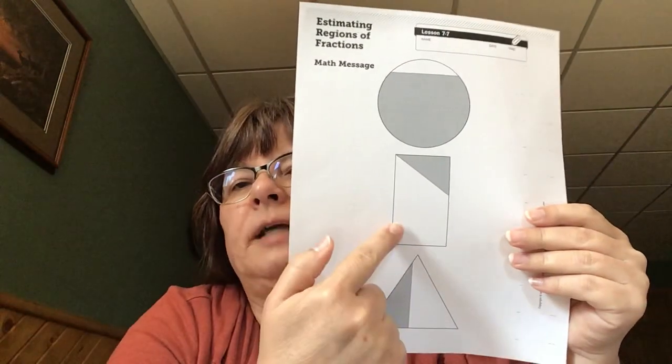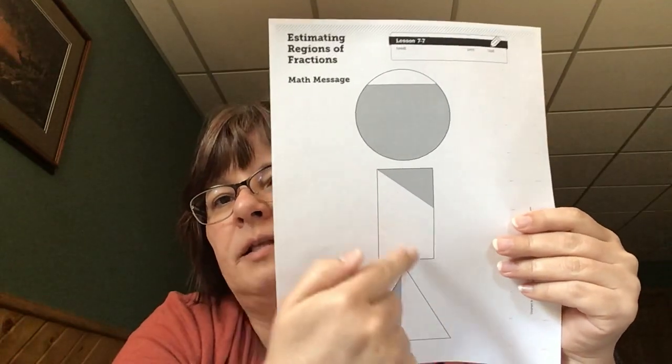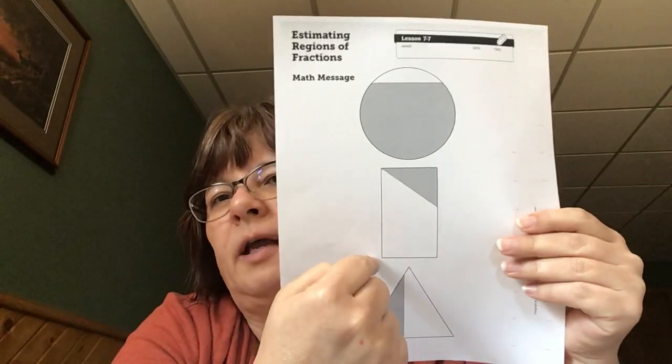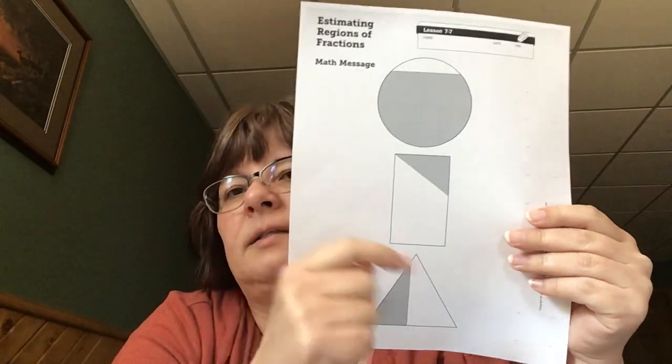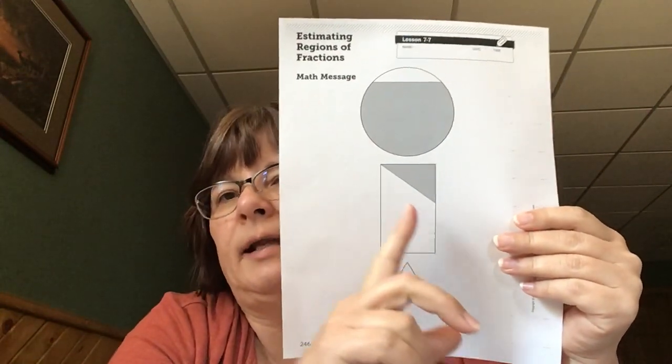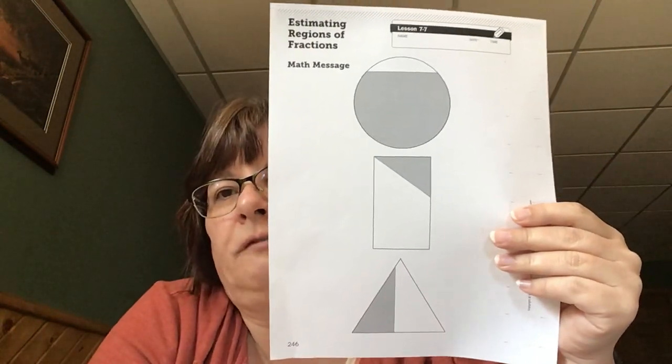Now the rectangle down here, you could have divided it in half in your mind this way, straight down, or straight across. But any way you look at it, to me, this looks like it is less than 1/2 of that rectangle.